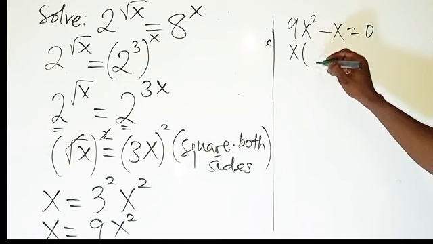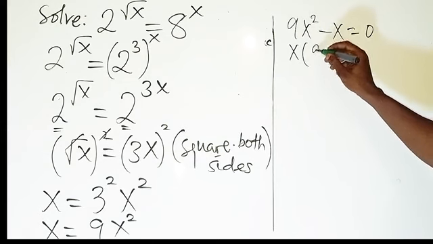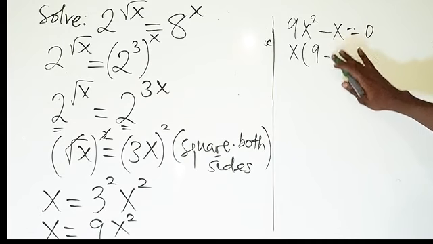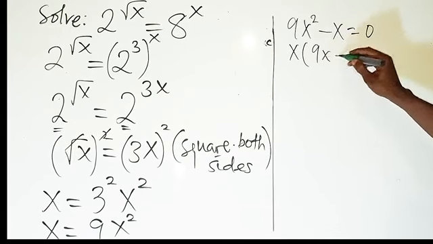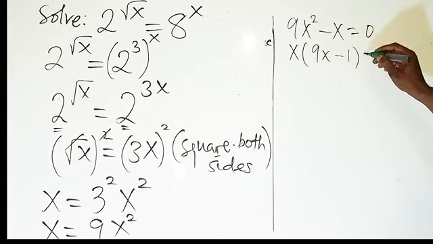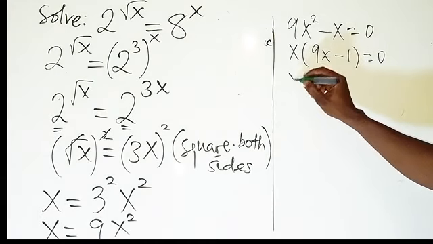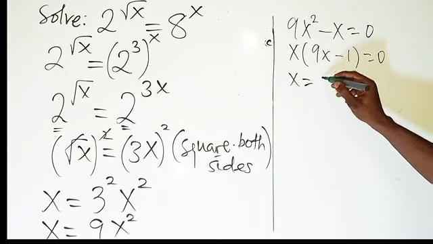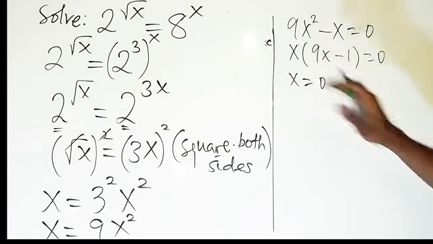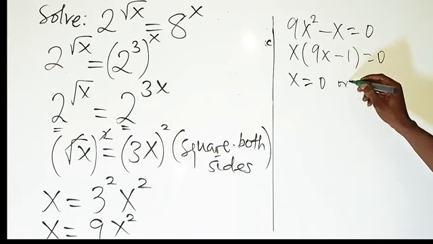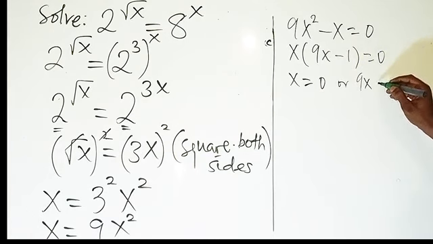We're going to have x into bracket 9x minus 1 equals 0. So now from here we can see that this is a zero-form equation. So x is either 0 or 9x minus 1 equals 0.